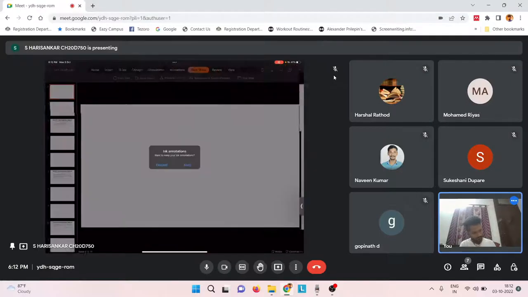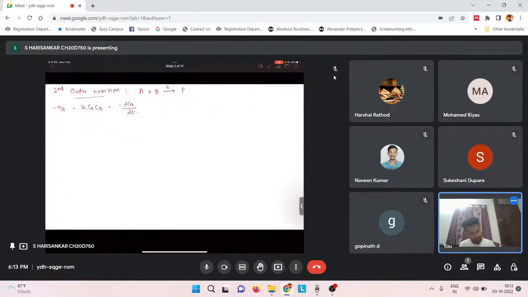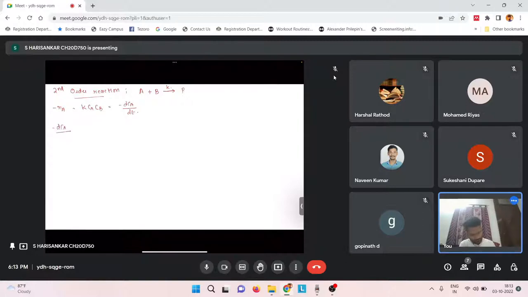One second. Yeah. So this is minus dCA by dt is equal to k into CA0 into 1 minus XA into CA0 into CB0 by CA0 minus XB. But XB you can write it as XA.